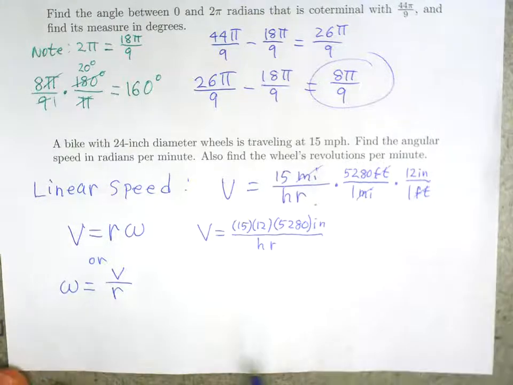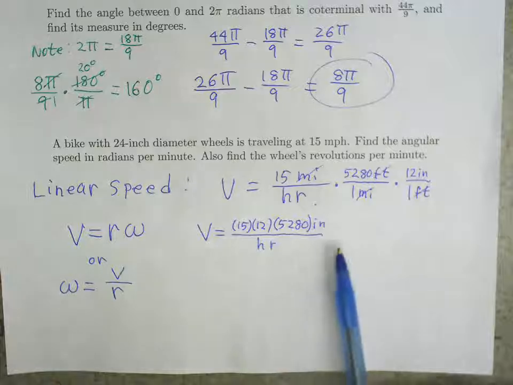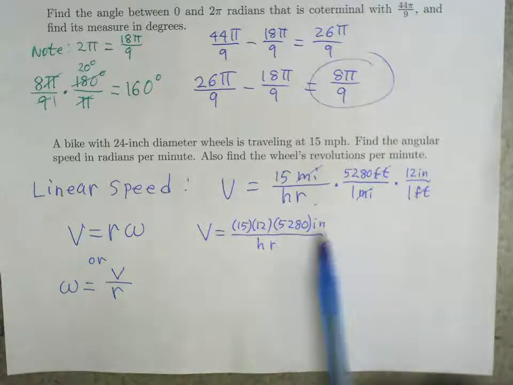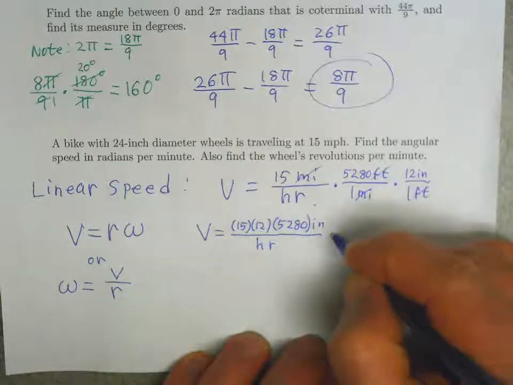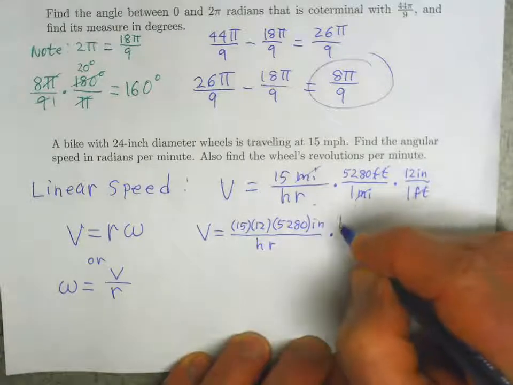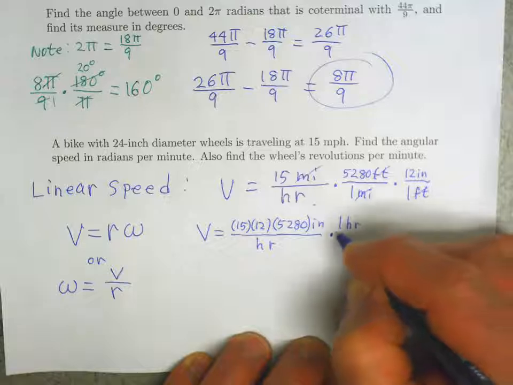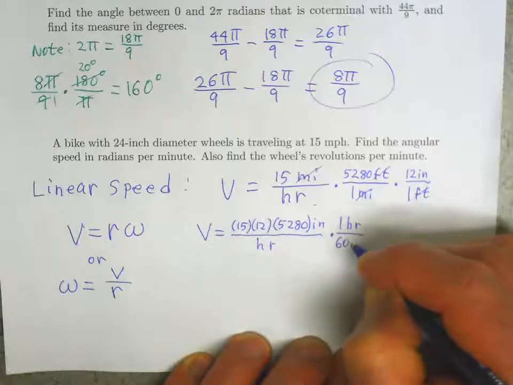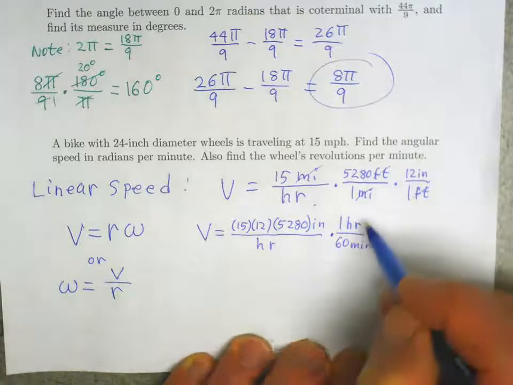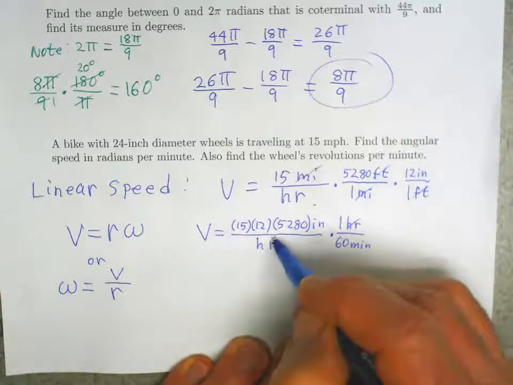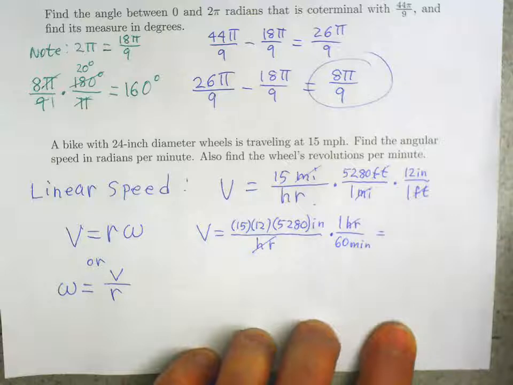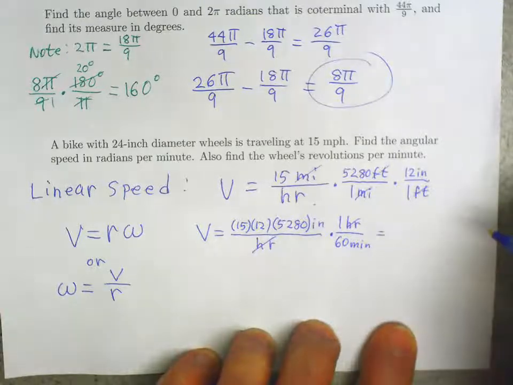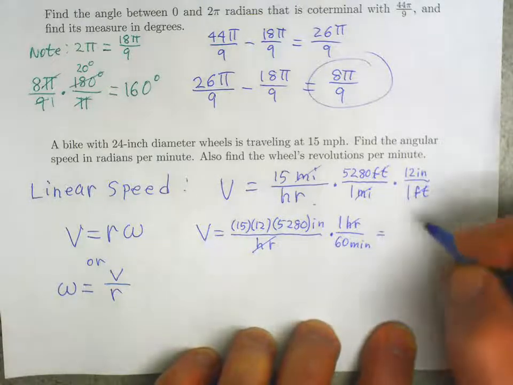And then we're going to convert the units from inches per hour to inches per minute. This won't be too hard because every 1 hour has 60 minutes in it. So the hours units cancel. And now we have the linear speed in inches per minute.